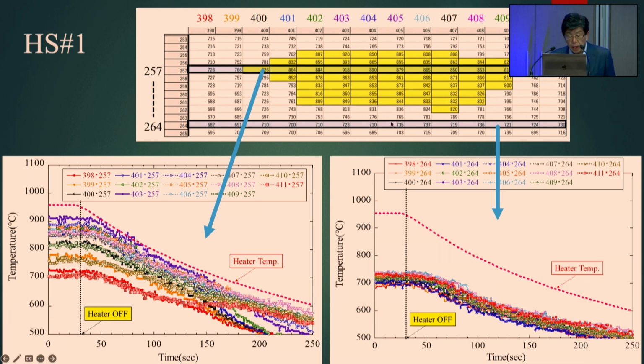We can see this yellow area corresponds to the hotspot. It is very difficult to see the numbers, but these are the higher temperature regions, and these are normal temperature regions. And in this graph, the temperature at each pixel is plotted for each point along the horizontal axis.